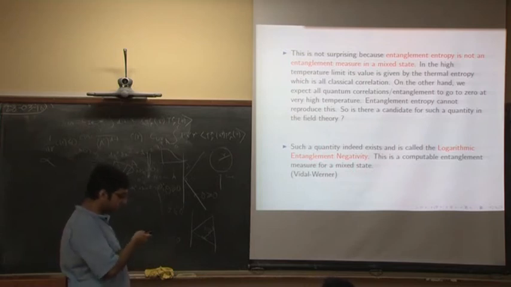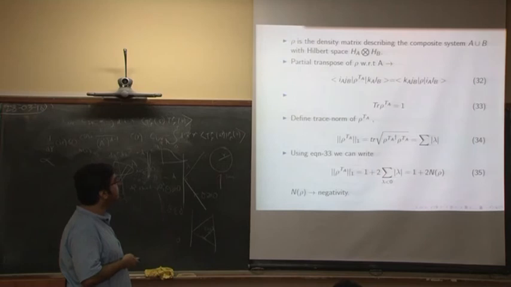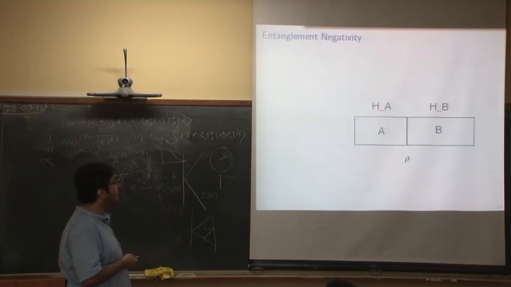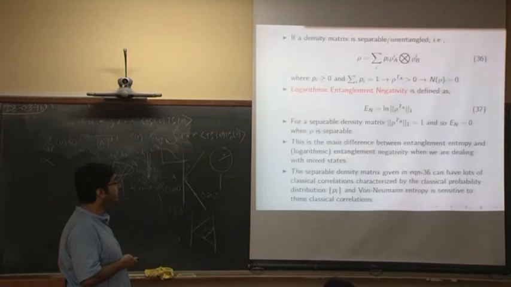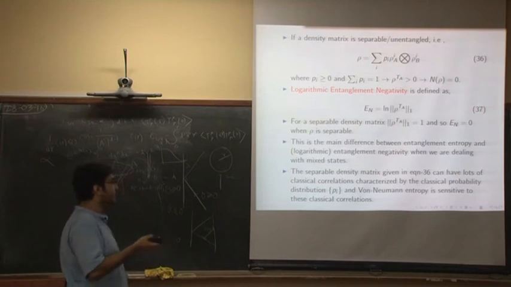Let me not go into the details of this. You can define an entanglement negativity. The usefulness of entanglement negativity is that if you have a separable mixed state, the entanglement negativity is 0, but the von Neumann entropy, or the entanglement entropy, is generically non-zero.